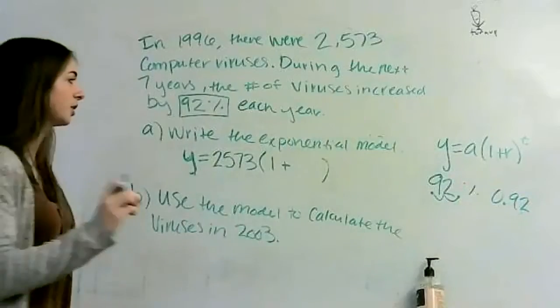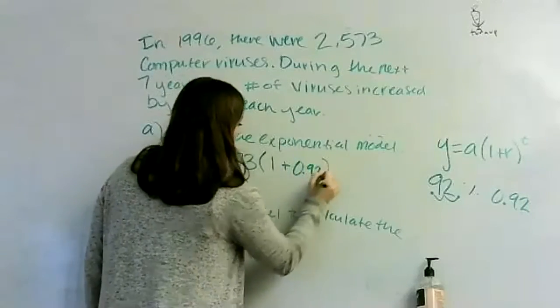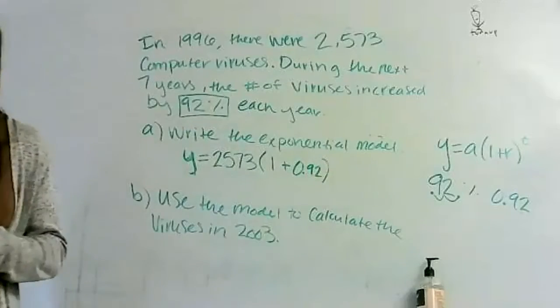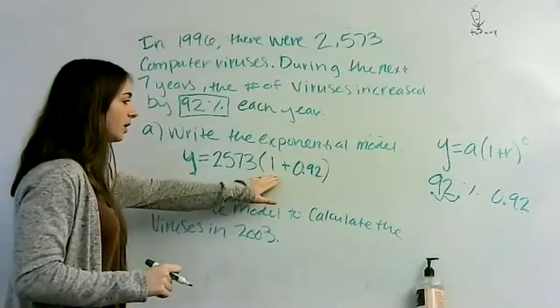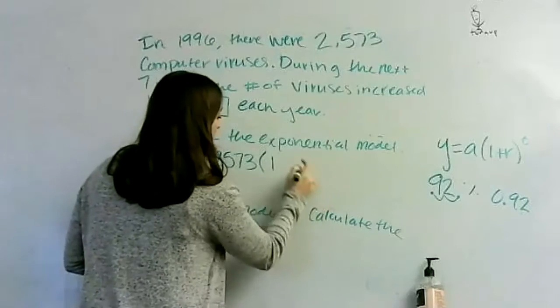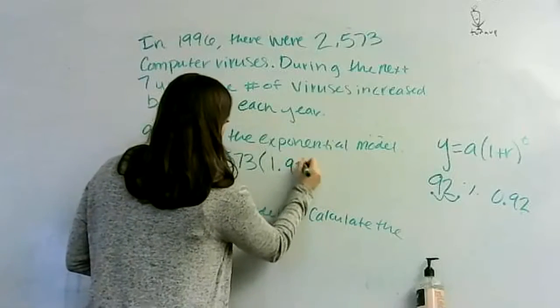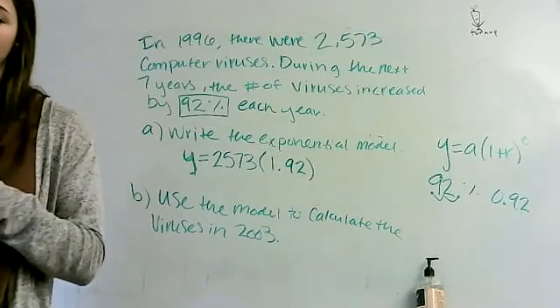Super important you calculate that into a decimal each and every single time. So 1 plus 0.92. We can add this really quick. 1 plus 0.92 is simply 1.92. And then we need our exponent.